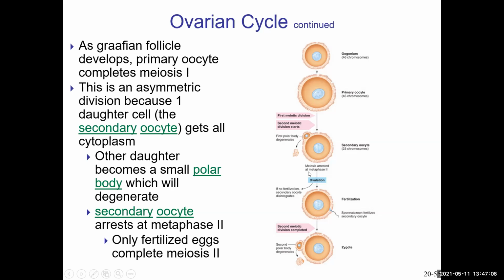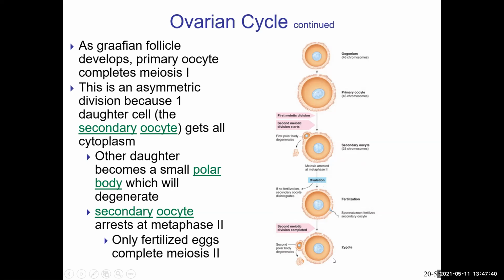But meiosis is arrested in the metaphase of the second meiosis. So the second meiosis is not completed yet. It completes only when the egg is fertilized. Are you following me? So once ovulated, what happens? Once the sperm fertilizes it, then it completes the second meiosis.